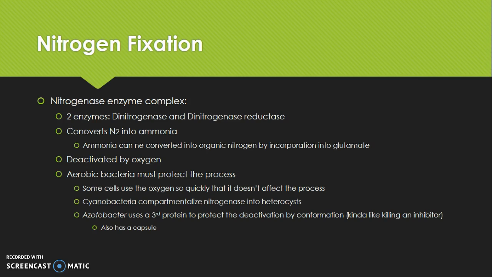So the process of nitrogen fixation occurs because of the nitrogenase enzyme complex. All right, and what this complex is, two enzymes are required. Those two enzymes are dinitrogenase and dinitrogenase reductase. Okay. And what these two enzymes do is they convert the N2 into ammonia. So the nitrogen gas into ammonia.